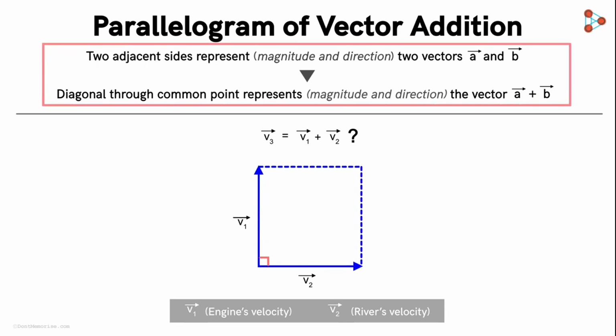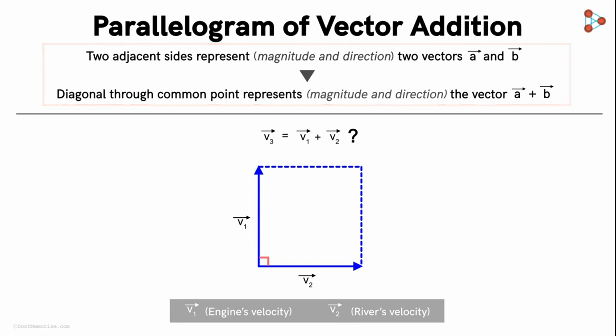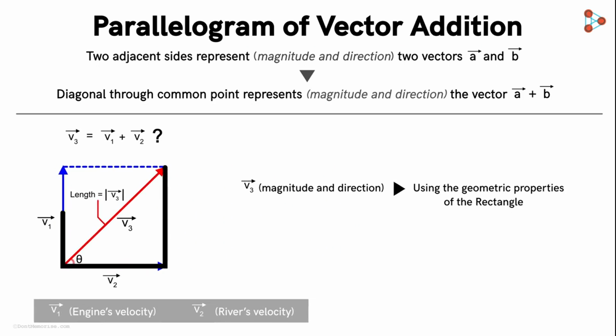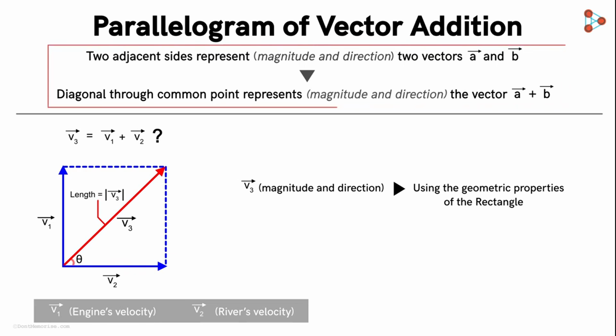Now, according to the Parallelogram Law of Vector Addition, this diagonal will represent the vector v3. We can find the magnitude and the direction of the vector v3 by using the geometric properties of this rectangle. So, in this way, we can apply this law to find the vector sum of two vectors.